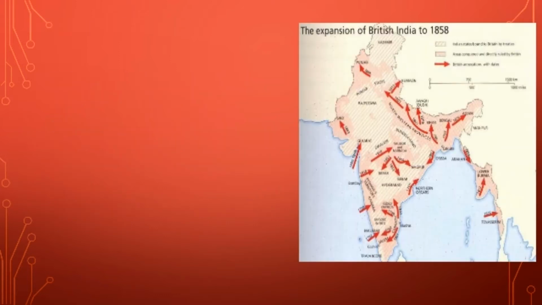This map shows the expansion of British India to 1858. Why would the British want India? What is the reason? As I have told you, I showed you pictures of some raw materials, and these are the things that attract the people of the world to come to the subcontinent.